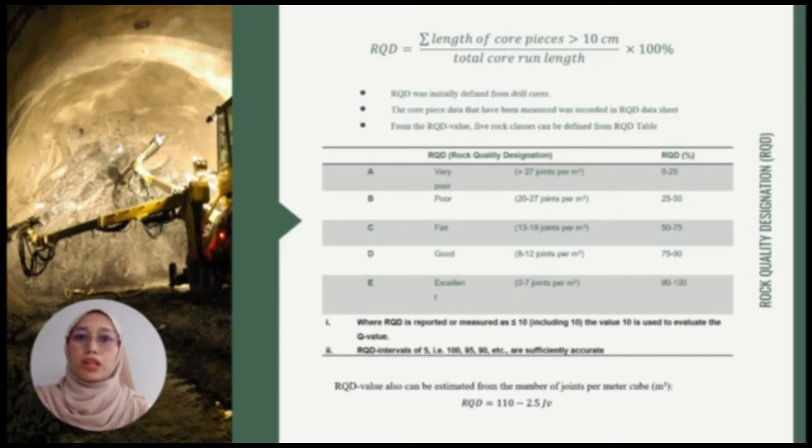From the RQD value, we can use the RQD table to define the rock classes. However, the RQD value can also be determined by using the formula RQD equals 110 minus 2.5 Jv, where Jv is the number of joints per cubic meter.